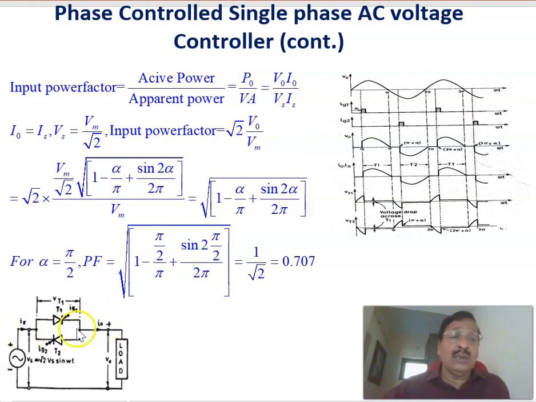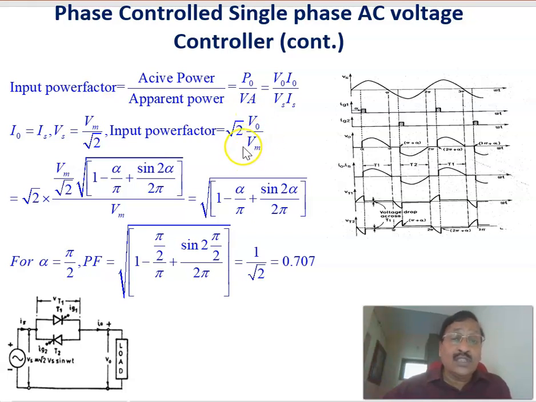But the RMS value of the load current is the same as the RMS value of the source current. Therefore, I0 equals Is, which cancels, and the input power factor is given by the RMS value of the output voltage divided by the RMS value of the input voltage, that is, root 2 V0 divided by Vm.